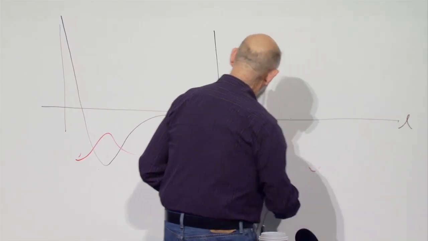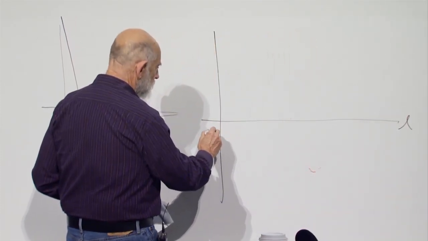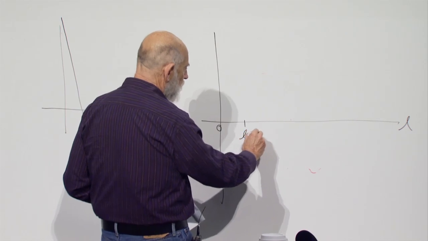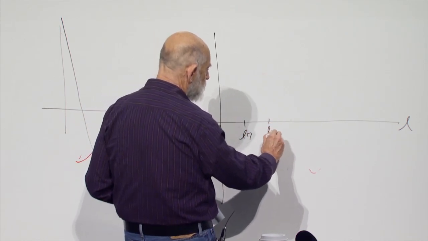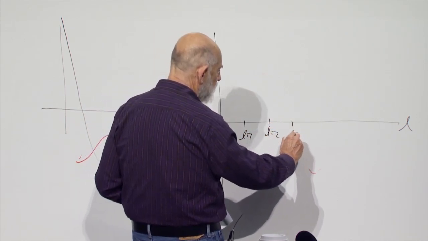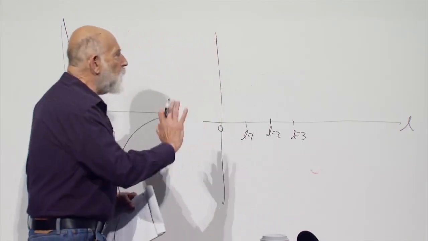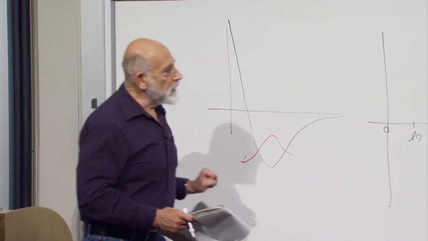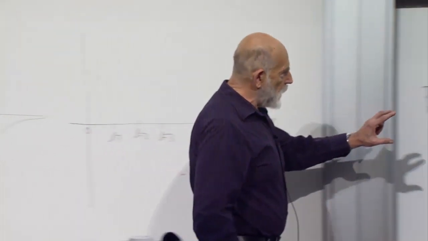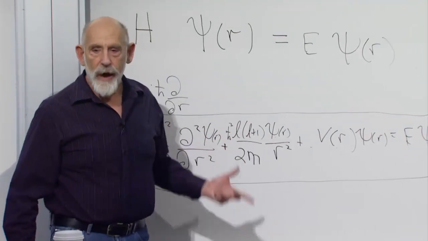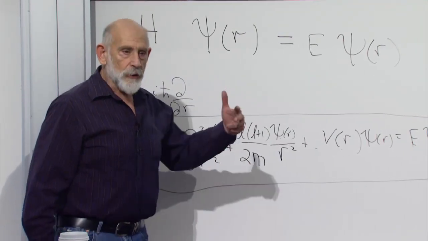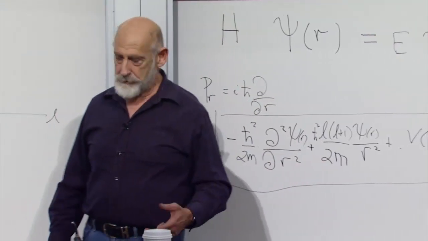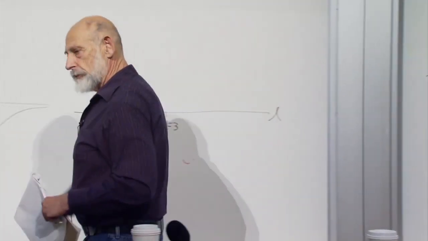Little l equals 0, l equals 1, l equals 2, l equals 3, and so forth. Now, each one of these l's has its own Schrodinger equation. Remember, the Schrodinger equation involves l as a parameter. So each l may have several bound states, several solutions.